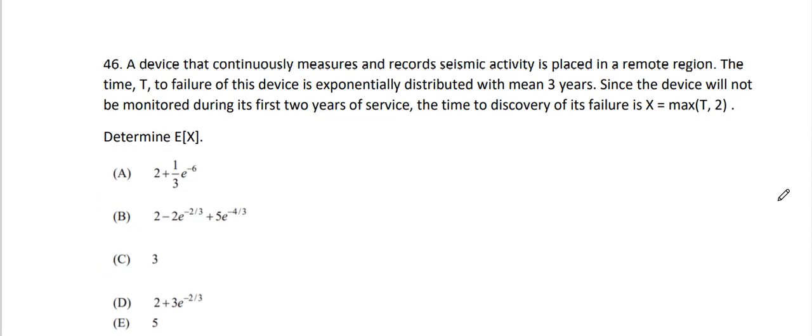So here we say x equals this. We want to find the expectation. So this x is the maximum of t and 2.